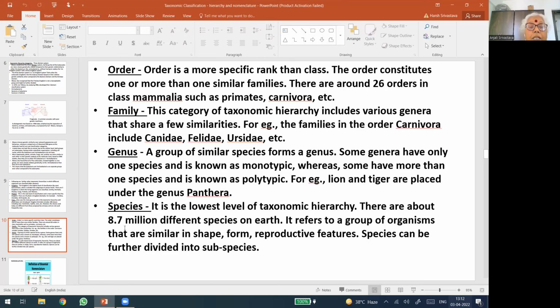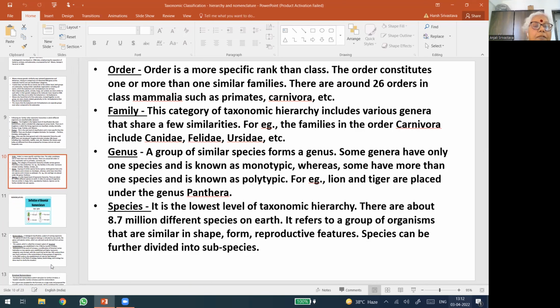There are about 8.7 million different species on Earth, and a species refers to a group of organisms that are similar in shape, form, reproductive features, etc. Species can be further divided into subspecies, according to the modern concept. So these are the taxonomical hierarchy levels, or taxa, into which any living organism has been categorized for broader studies.